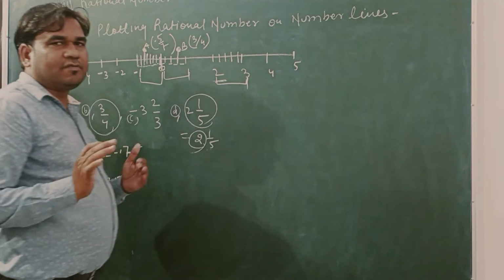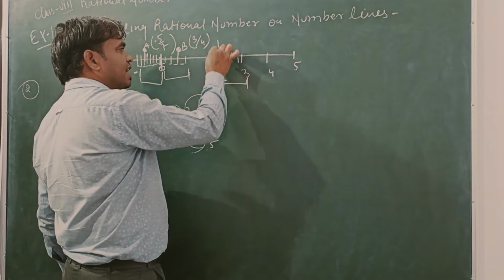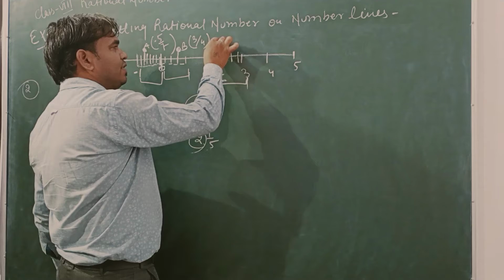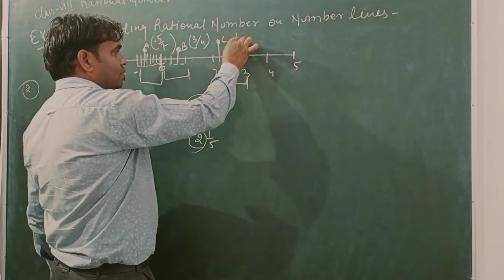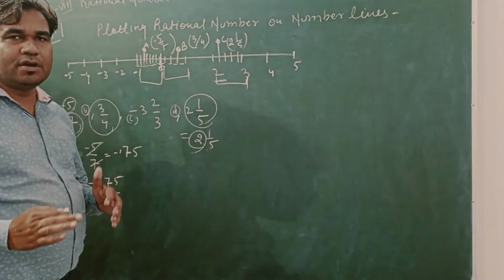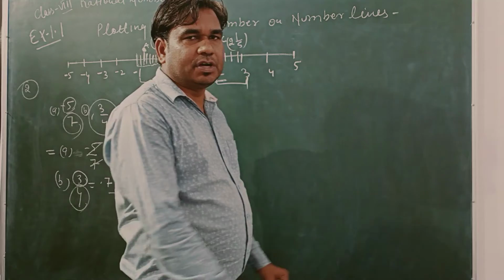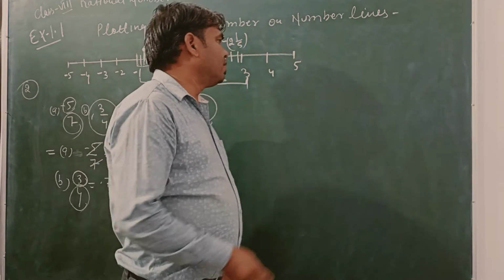So after dividing 5 times, we see this is the 1. So 2 and 1 over 5 lies on this number, and we can put this as C. So this is the way of plotting any kind of number.